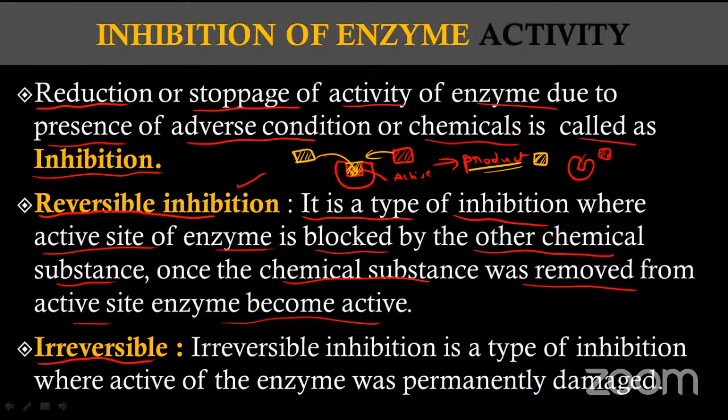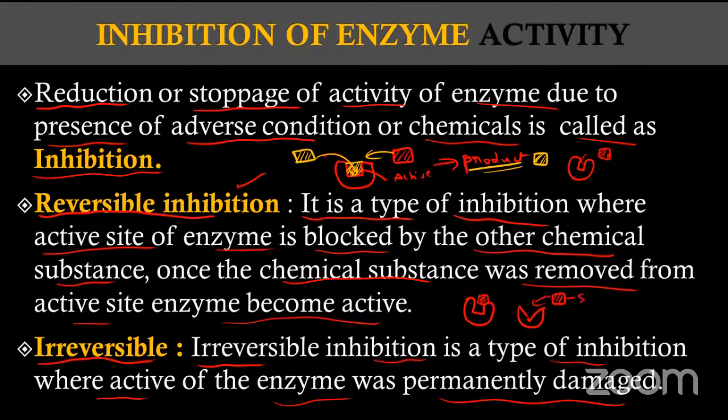See here, irreversible inhibition is a type of inhibition where the active site of the enzyme is permanently damaged. For example, the enzyme active site is like this. Now the inhibitor will come and bind to this, and it will damage the enzyme active site like this. This is the substrate, right?